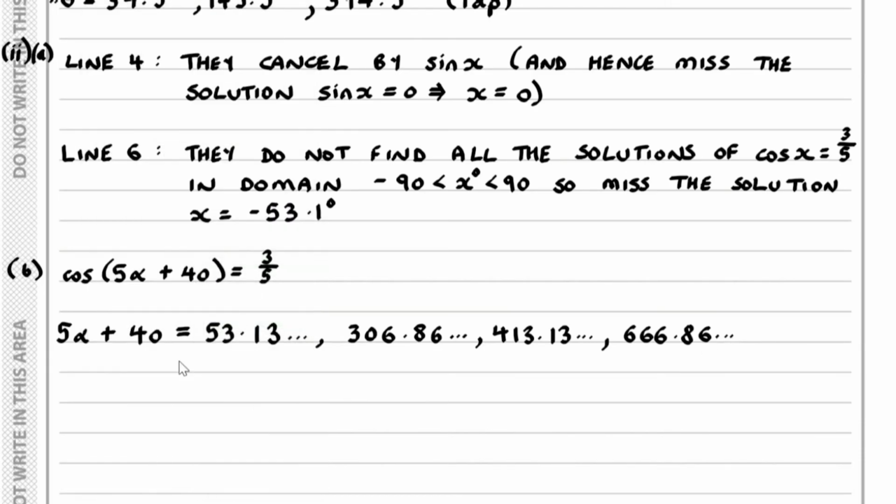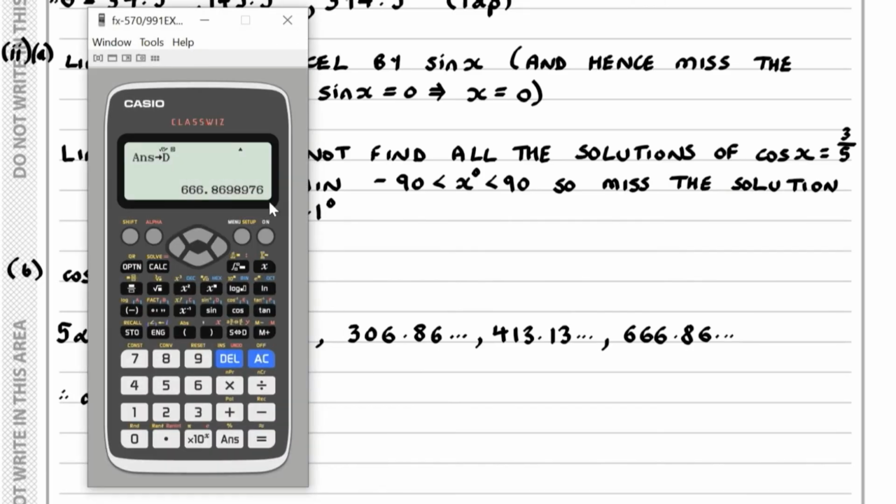And then if we subtract 40 and then divide each of those by 5, you will find alpha to equal, well, first of all, we've got A minus 40 over 5.